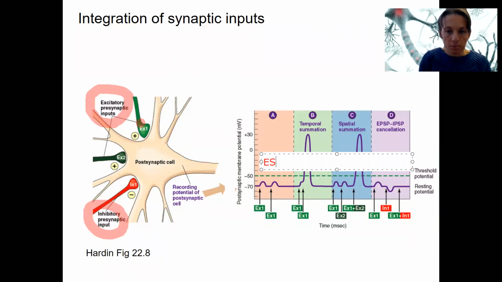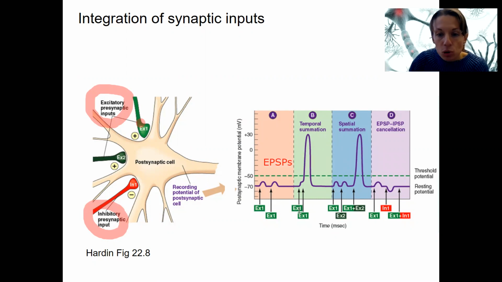These are 2 EPSPs. If these two same input signals happen closer in time, these EPSPs will add together to cross threshold. You can literally think of these two adding on together. So that's temporal summation, summation in time.